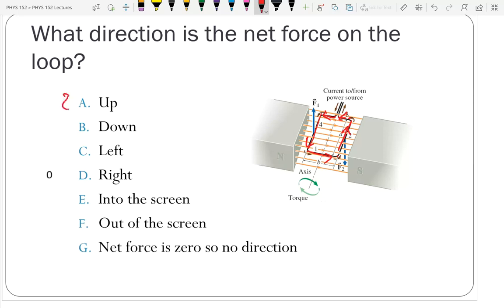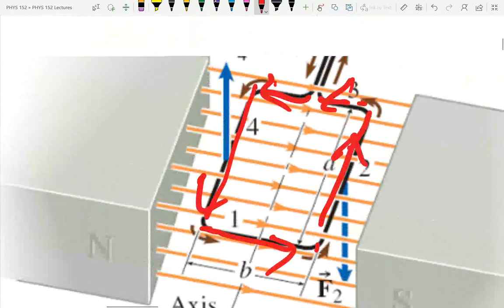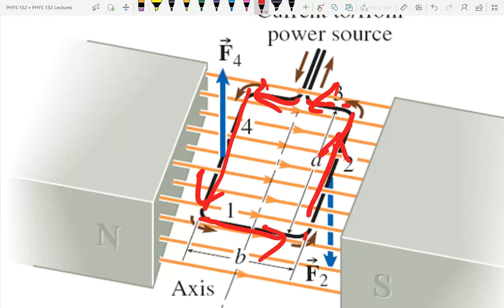So we had, I don't know if it shows you this. It showed me while it was pulling. As soon as I ended, it took it away. But yeah, memorized it. So we have a lot of variation. This is a good one for you to turn and talk to your neighbors about. What direction is the net force on this loop?